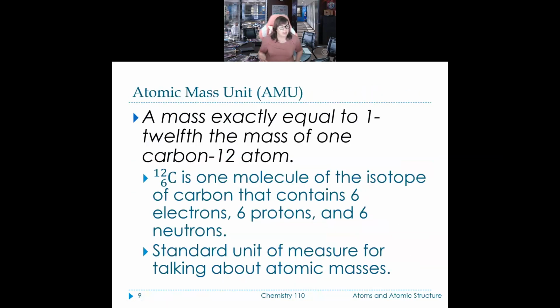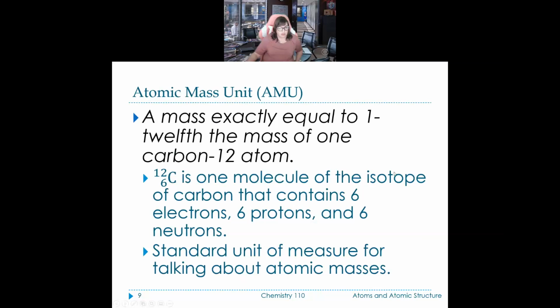Now, atomic mass unit. I said I'd define it, so let's define it. An atomic mass unit is a mass exactly equal to 1/12 of the mass of one carbon-12 atom. Carbon is a C. Its atomic number is 6, and it's listed as carbon-12.